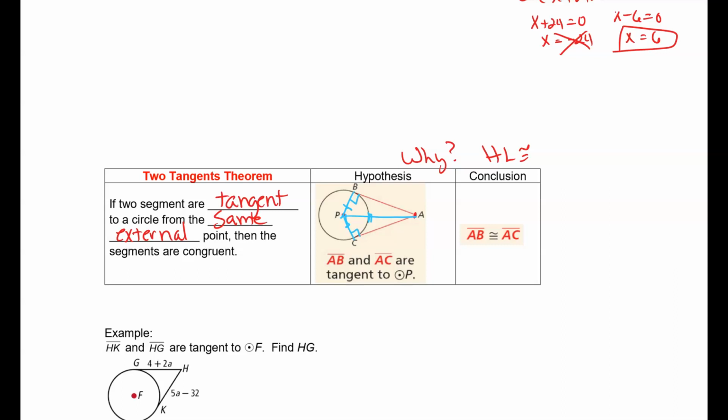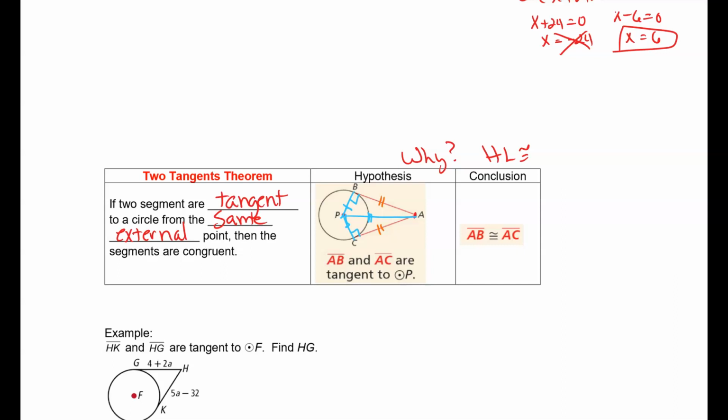So by hypotenuse leg, those two triangles are congruent. And then, oh yes, by corresponding parts of congruent triangles being congruent, we show that the two other legs are going to be congruent, which end up being the tangent segments coming from that external point.